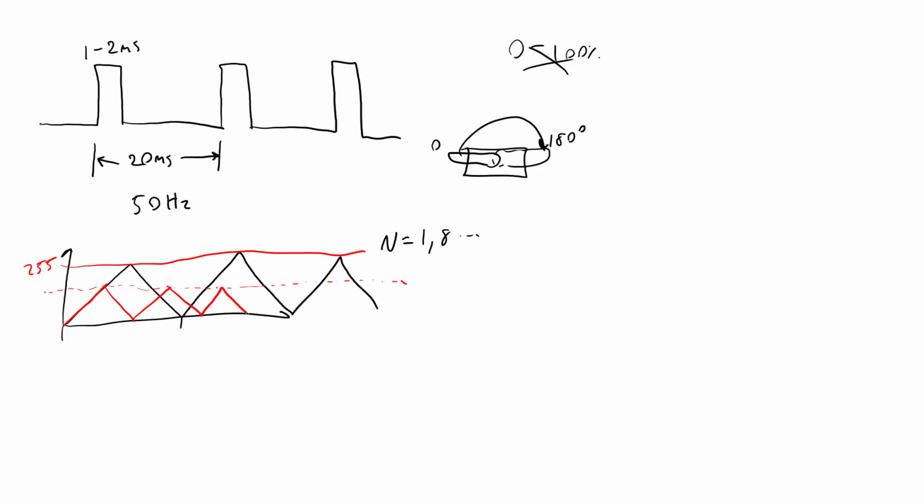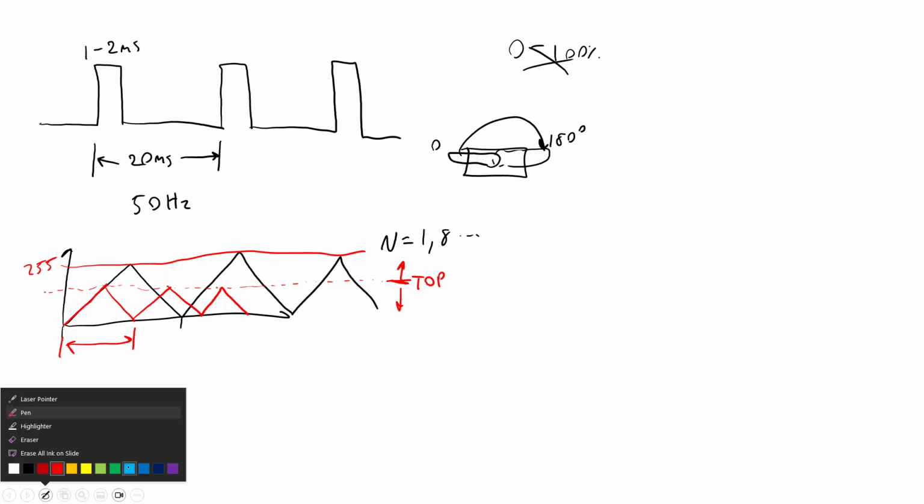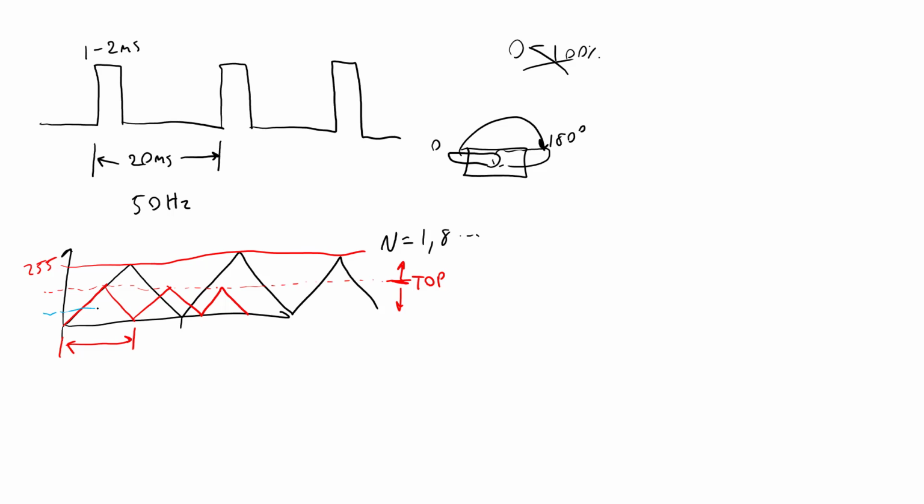So by choosing this new top value here, instead of this default top value of 255 for an 8-bit register, we can fine-tune this period to get exactly what we want, in this case, a period of 20 milliseconds for the servo control protocol. We will then select another output compare value, just like we did before, that is going to be used to generate the corresponding PWM signals.